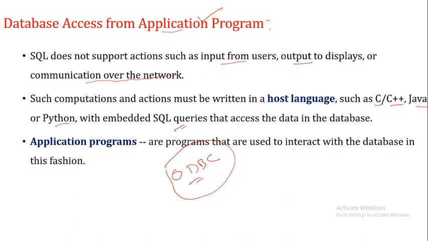Now, what is an application program? Application programs are programs that are used to interact with the database in this system. Okay. So even if you use SQL, there are certain drawbacks, things which we cannot perform through SQL. Okay, so we need to use some application program to facilitate this.